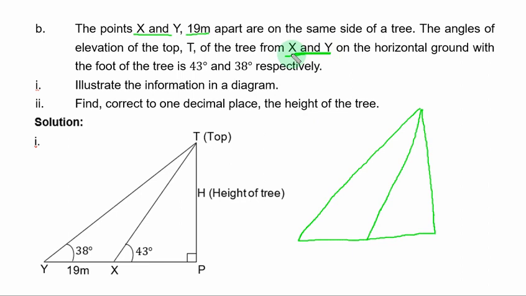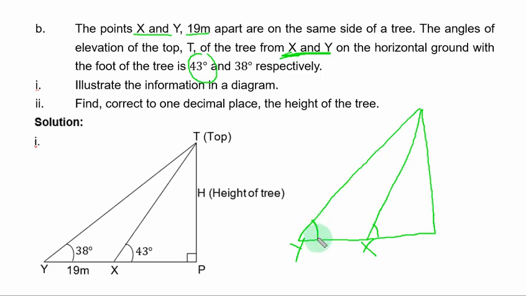The angles of elevation of the top T of the tree from S. So you have S first from the tree. This point is S and the second point is Y. What that means is that the first angle, 43 degrees, corresponds to S. So this angle is 43 degrees and this angle is 38 degrees.